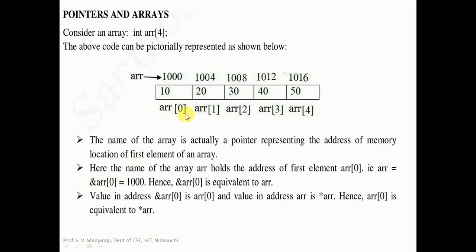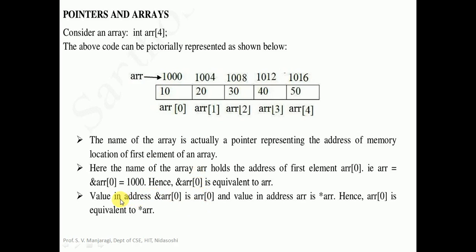What is the first element? This array of 0. And how do we take the address here? We need to make use of the ampersand followed by array of 0. What is the address of array of 0? The address of array of 0 is 1000. So by default ARR is pointing to the base address, that is the address of the first element.